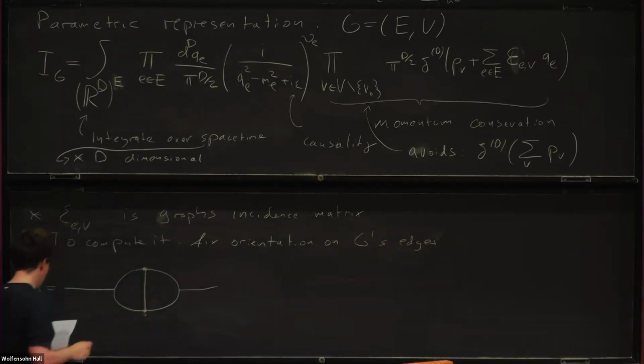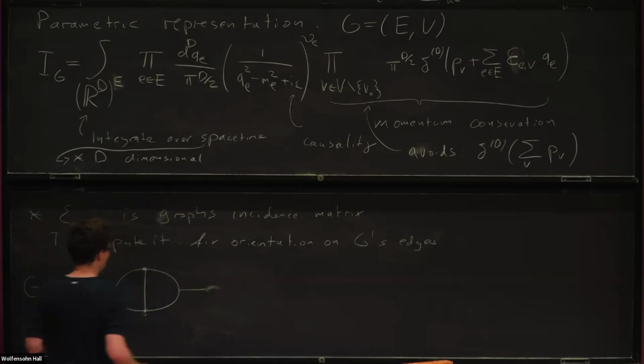It's a two-loop graph. And we have here these two external legs. So what does it mean to have an external leg in this notation? It just means that there's some non-zero momentum flowing onto this vertex.